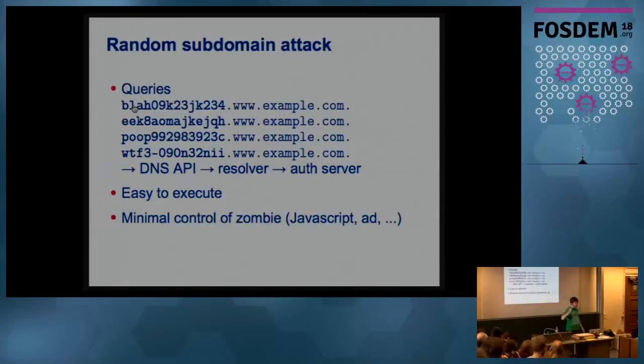In this example, the domain under attack is www.example.com. This JavaScript, or this attempt to load objects from the web, will trigger a DNS query using the very standard DNS API. So there is nothing suspicious per se, so the operating system has no way to detect this at the first try. And it goes through the layers of the operating system API, then to the recursive resolver of your ISP or home router or something, and then the recursive resolver goes and attempts to contact the authoritative server.